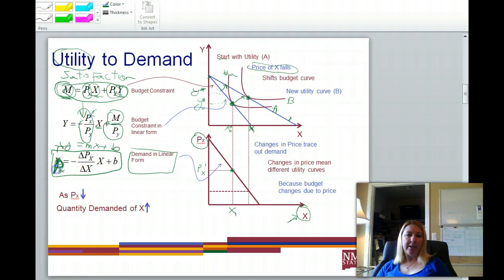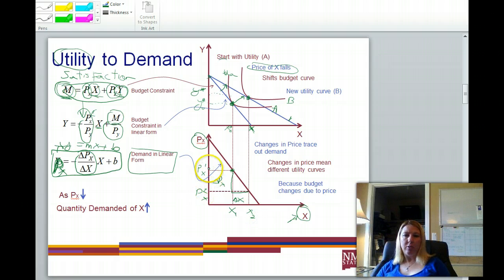So we have the price of X is equal to the, here we have our slope again, which is going to be the change in Px over the change in X, because the slope of this line here is delta Px over delta X. So what is the change in the consumption of good X relative to a change in prices?